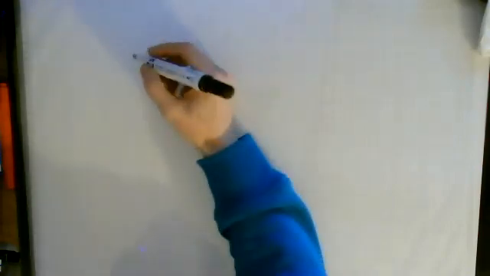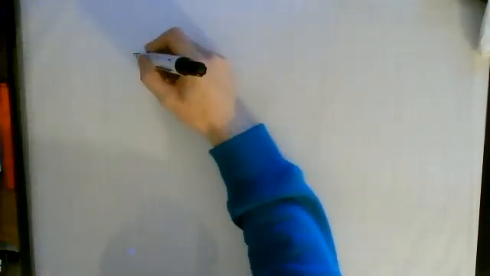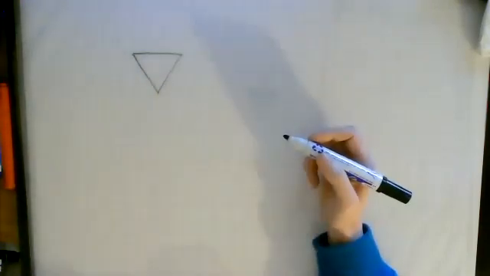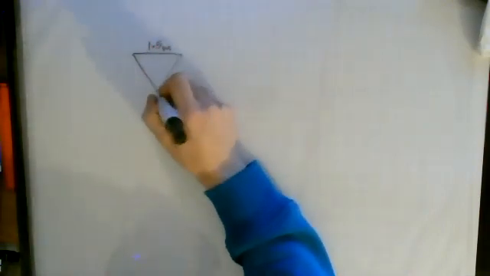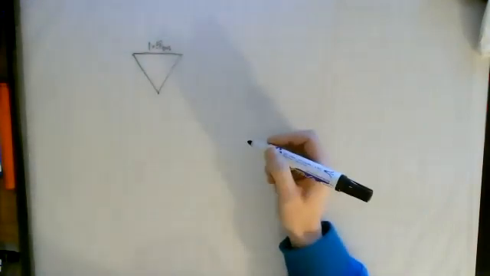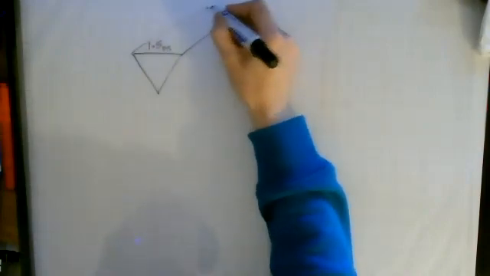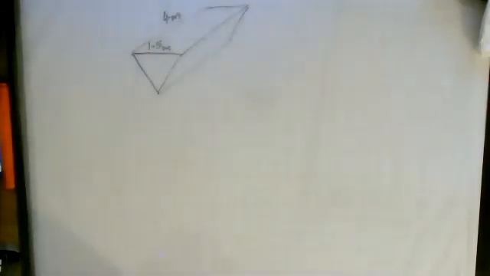So really, the trough again: the cross section is an isosceles triangle of base 1.5 meters, the vertex downwards, which is a point, and it's 4 meters long. So I guess I'll just do a sketch, that's 4 meters long.